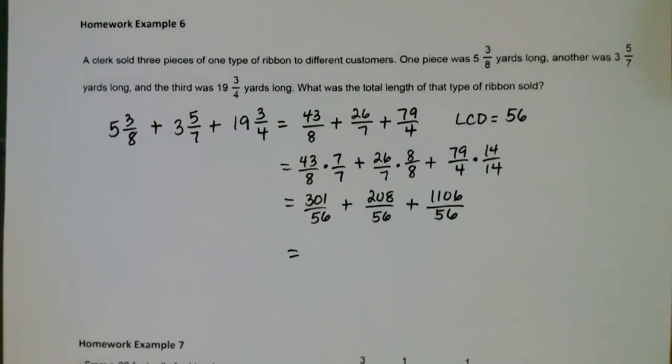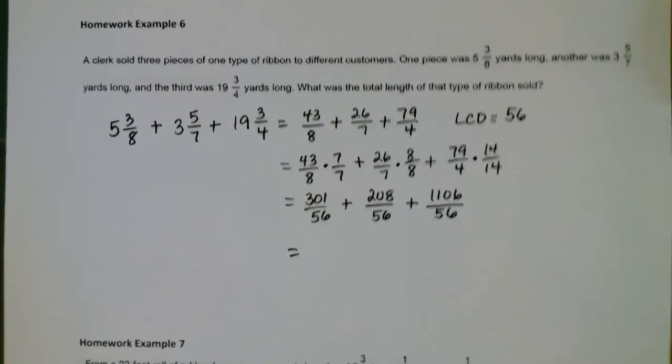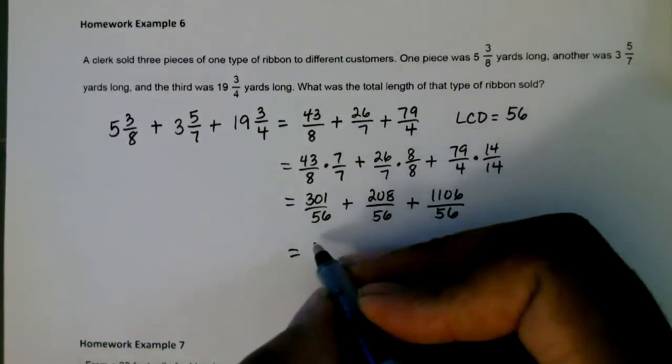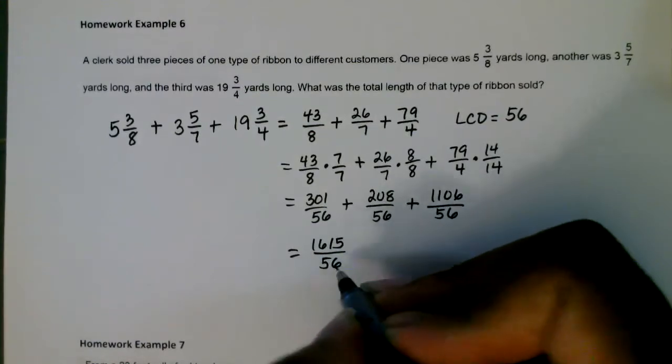Our denominators are the same, so let's go ahead and add these numerators together. So 301 plus 208 plus 1,106 will give us 1,615 over 56.